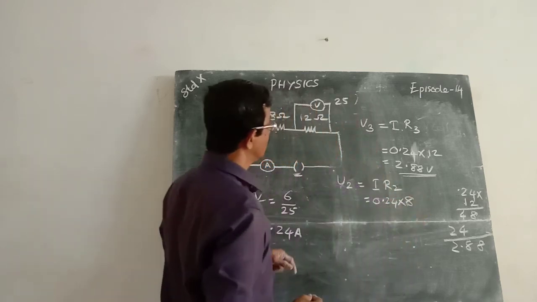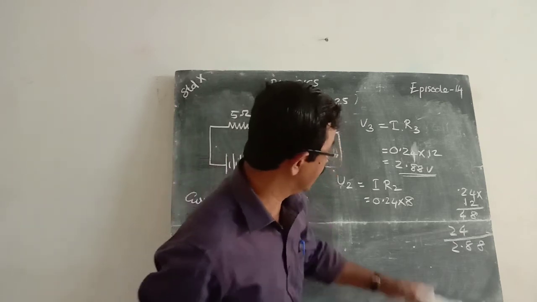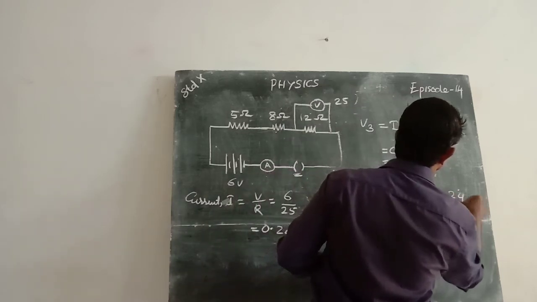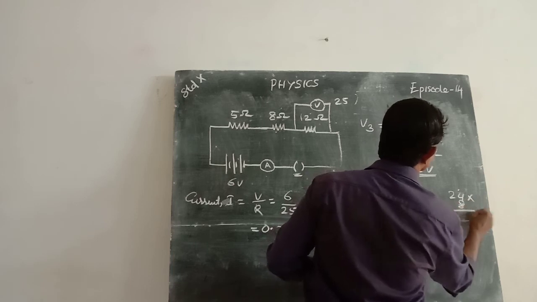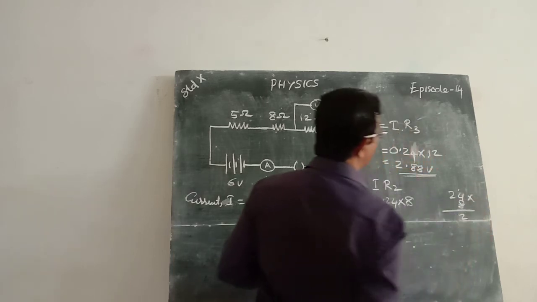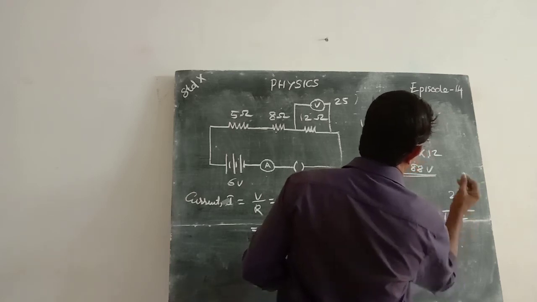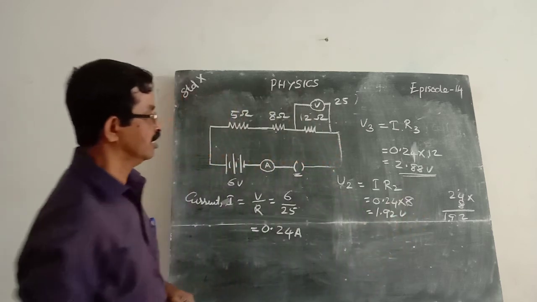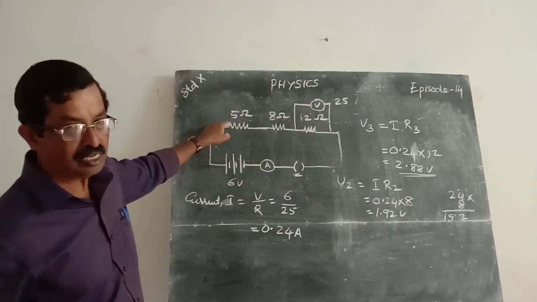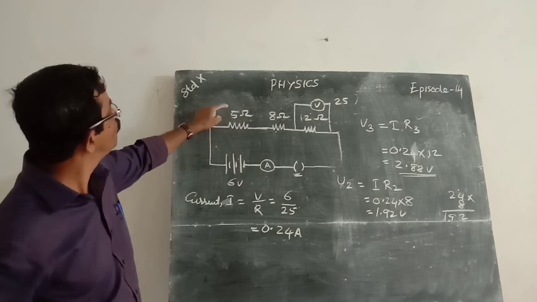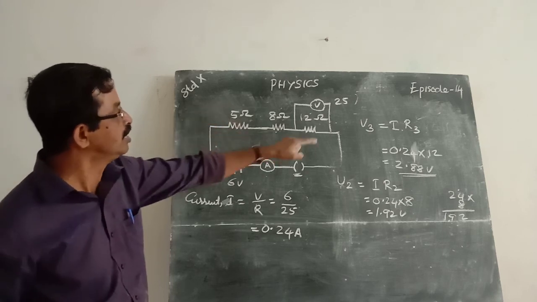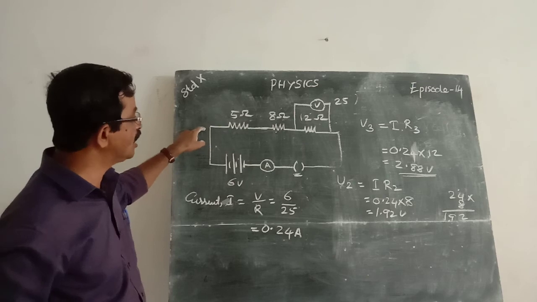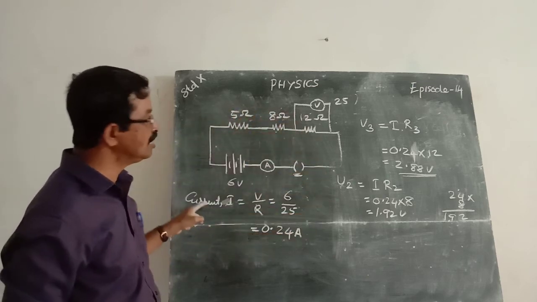How much will it be? 0.24 times 8 is 1.92. Then, in the same manner, the potential difference across the 5 ohm is V1, equal to I into R1, because the current through all of them remains the same.